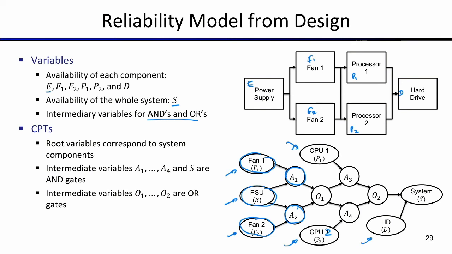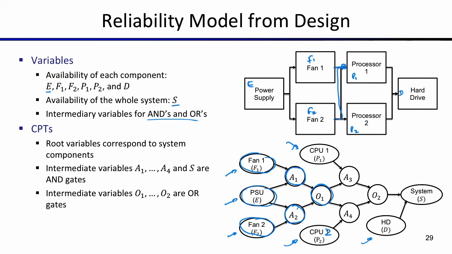For the processor, it's going to be slightly different because the processors have two subsystems feeding into them. For instance, processor 1 has two subsystems: fan 1 and fan 2 feeding into processor 1. So what we're going to do is first use an OR gate to represent the availability of any of the fan subsystems.